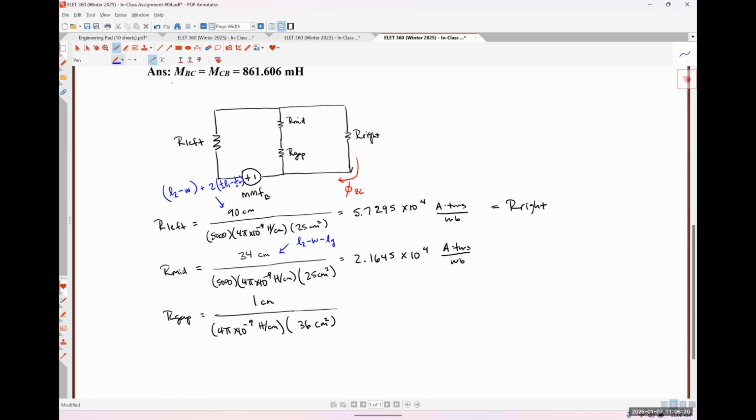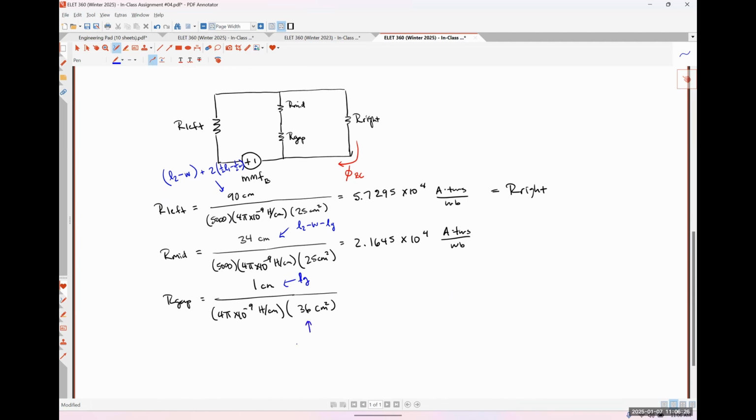I'm just going to make a note here. That's just LG. And this is W plus LG times T plus LG, just so that we're all on the same page as to where those numbers came from.